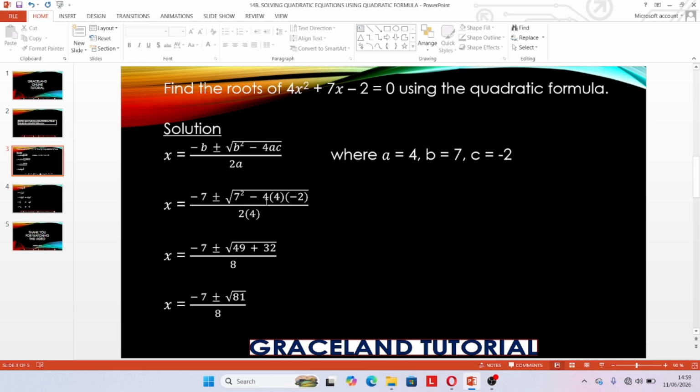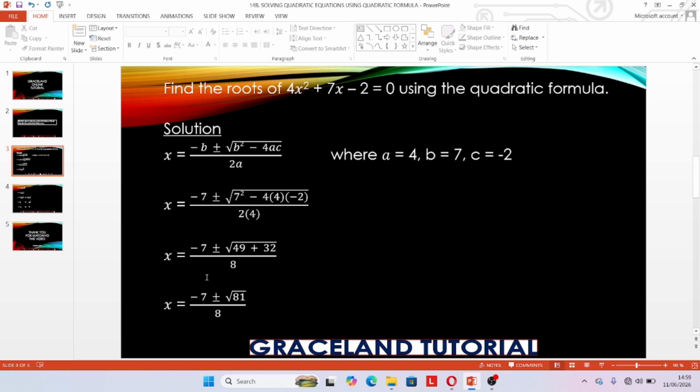Our a is 4 as well, and our c is minus 2. So you have minus 4 times 4 times minus 2, over 2a. So that is going to be 2 times 4, since a is 4.